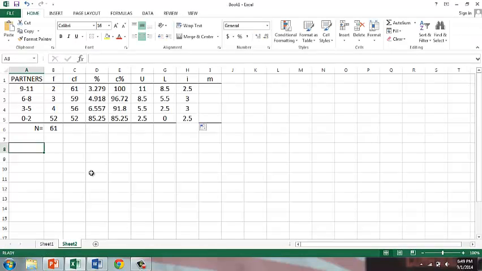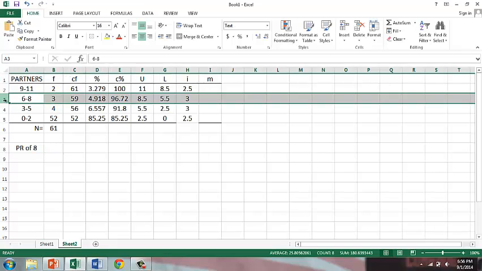Now, let's suppose I would like to understand the percentile rank of someone with 8 sexual partners. The percentile rank of 8. The 6 to 8 interval is the critical interval in that it contains the score of 8.